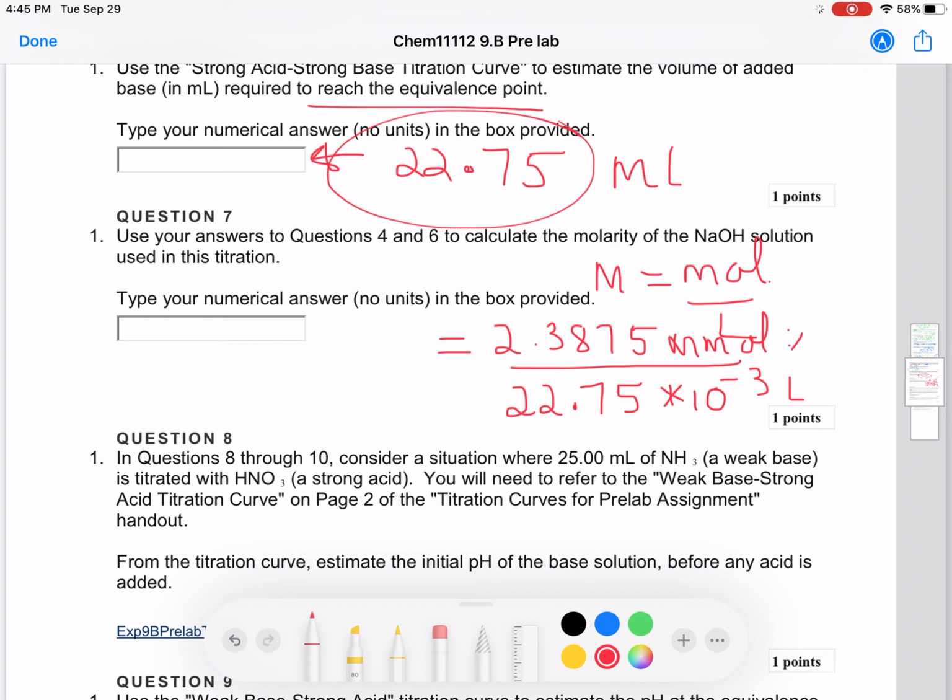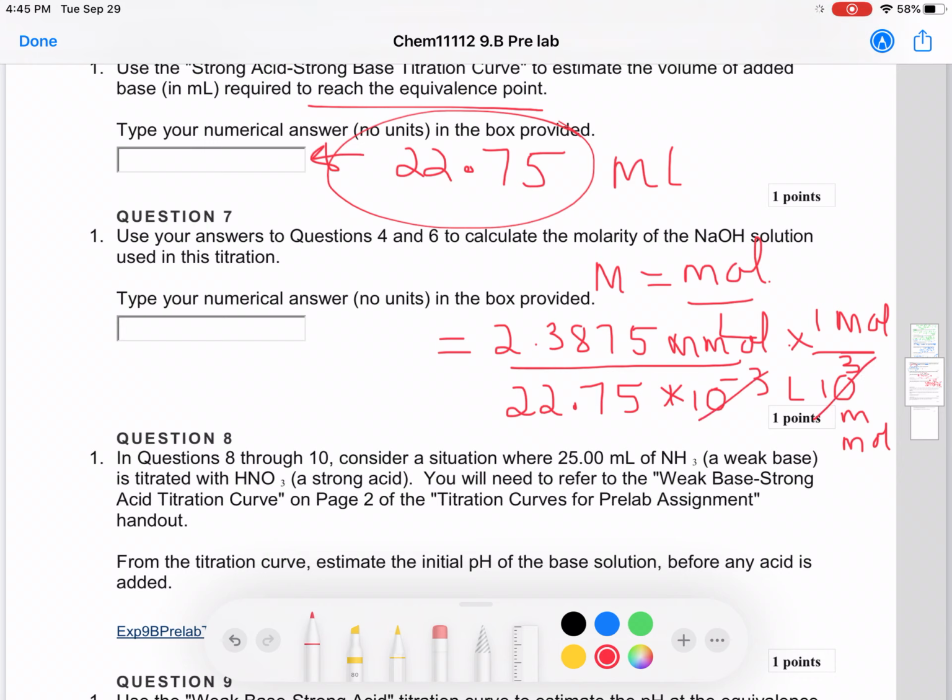Again, this is millimoles. How do you convert millimoles to moles? 10 to the power 3 millimoles equals 1 mole.